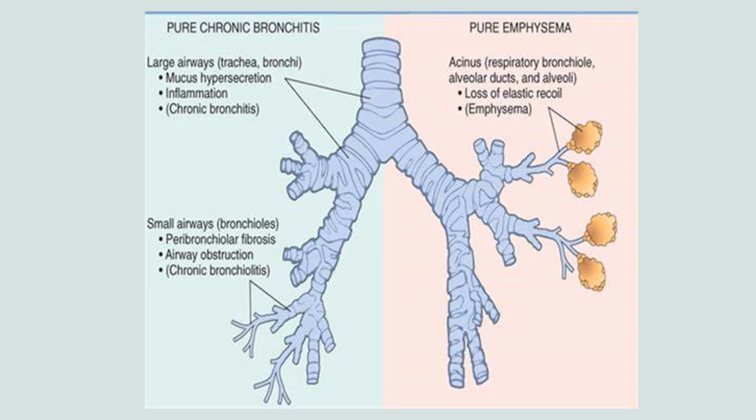So some of the key differences in bronchitis and emphysema are the location of where that cellular restructuring and remodeling occurs. In bronchitis, we're talking about the large airways, the trachea, the bronchi, and then the bronchioles. So you've got mucus hypersecretion, inflammation, and airway obstruction, because as that main bronchus and those bronchioles get inflamed, they start to thicken.